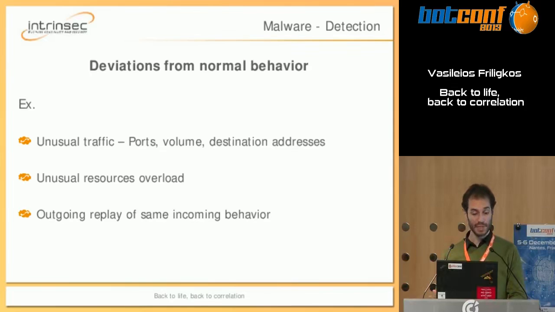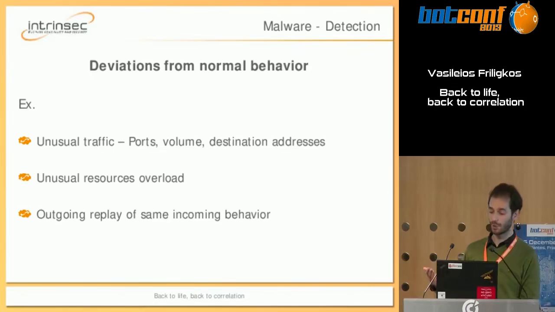Another example could be a machine that's stuck at 100% CPU. It probably means something's going wrong. Or, a more general deviation from normal behavior: you see one host receiving one kind of behavior, and then after a while repeating the same behavior towards another host.